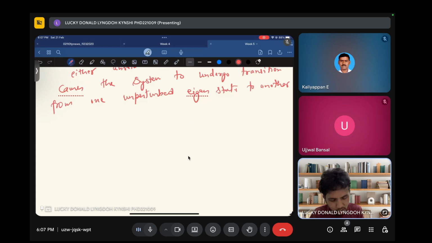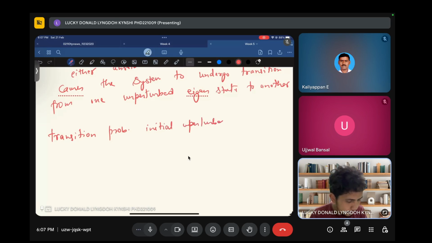Okay, so the transition probability from an initial unperturbed state, which is given by psi_i, to another unperturbed state, which is given by psi_f.